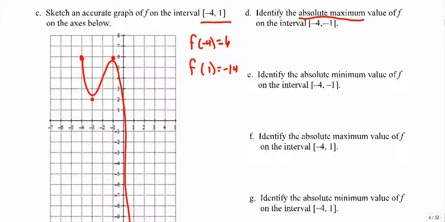So as I look at D, it says find the absolute maximum on the closed interval from -4 to 1, and the value at -4 is 6. The value at -1 is 6. So both of those become the absolute maximum.